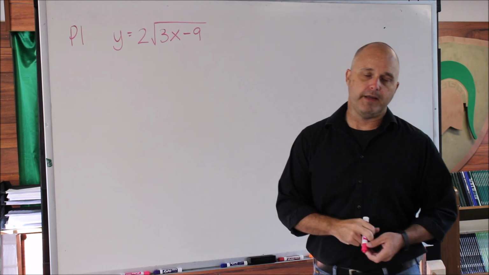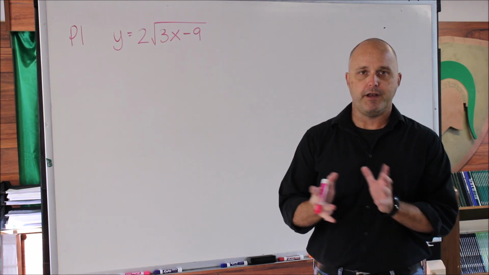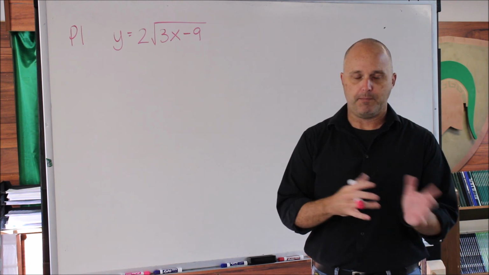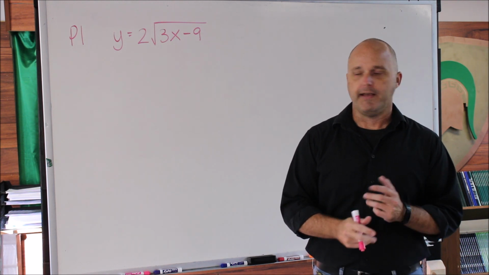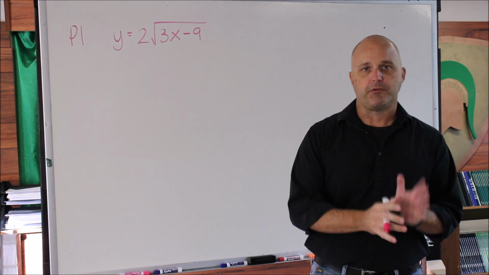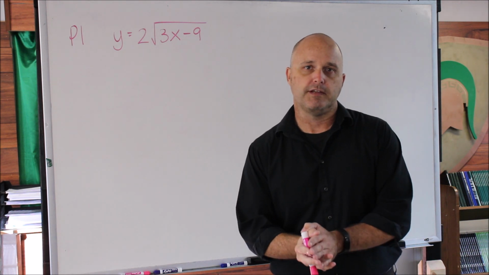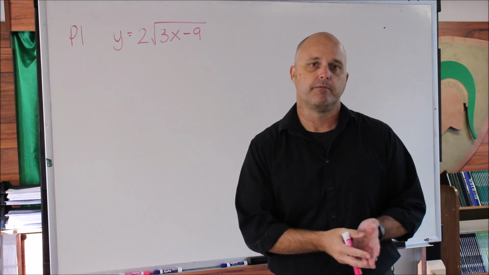Now, one of the things that you may have noticed when we graph the parent function is that our domain, or the number of x values that our graph was going to pass through, was limited. And that's because of the characteristics of the radicand. Remember that the radicand can never be less than 0. If the radicand is less than 0, then you're going to get an imaginary number.